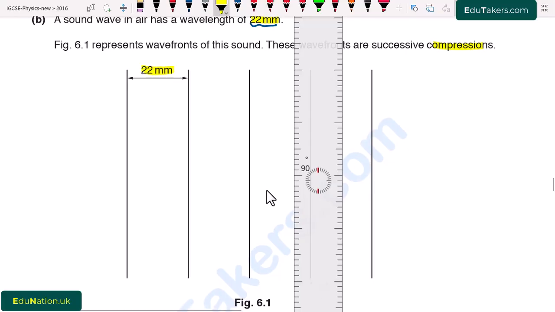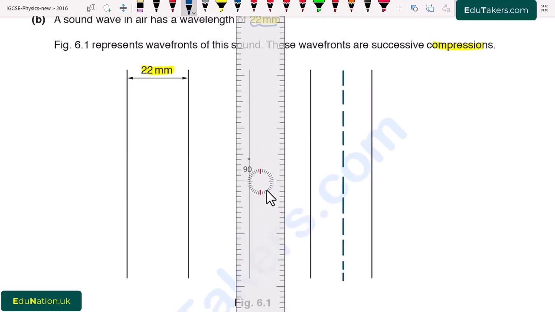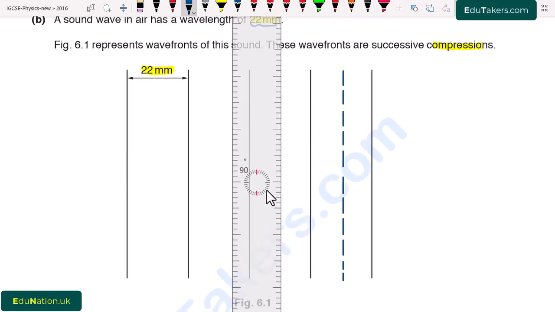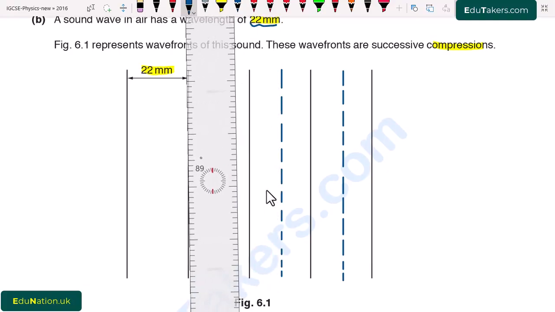So I draw this dotted line between two compressions. So this is the first rarefaction. This is the second rarefaction.